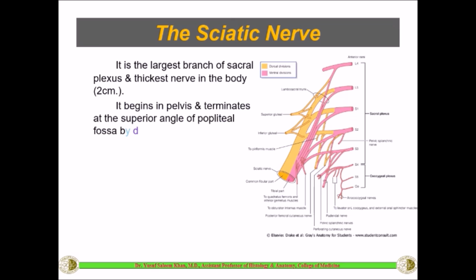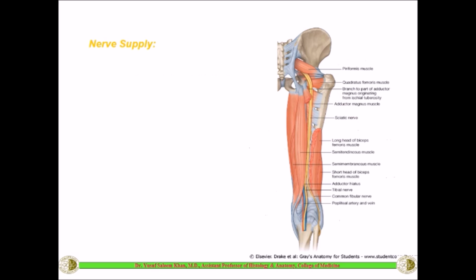It begins in the pelvis and terminates at the superior angle of the popliteal fossa by dividing into the tibial as well as the common peroneal nerve. If you see this picture, this is the sciatic nerve. This is coming from the gluteal region and descending all the way into the posterior compartment of the thigh, and it goes along the thigh muscles and just above the popliteal fossa. So this is the popliteal fossa.